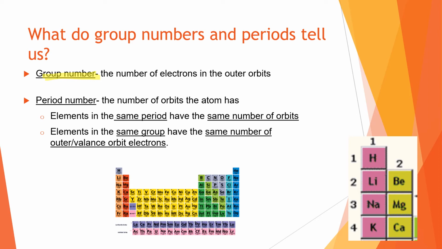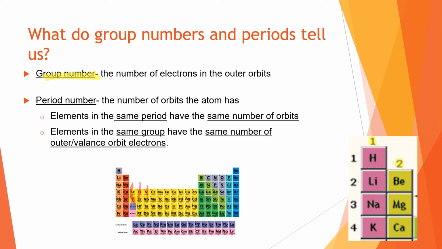So on a periodic table, group numbers tell you the number of electrons in the last orbit for each element. If you look over here in this diagram, group numbers are along the top of the periodic table. This is 1, this is 2, and if you were to continue on, this here would be group 3, group 4, group 5.